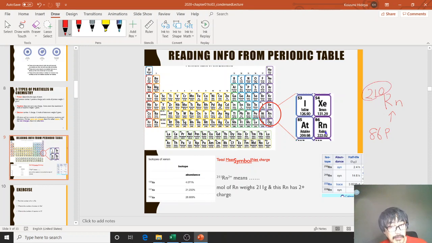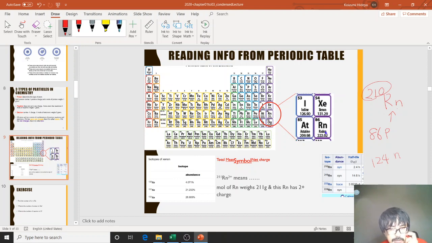We don't care about the mass of electrons. Then the rest of the stuff is neutron. So 210 minus 86 is 124. So 210 radon has 86 protons and 124 neutrons.